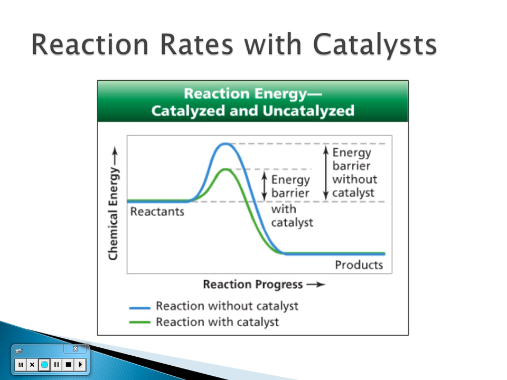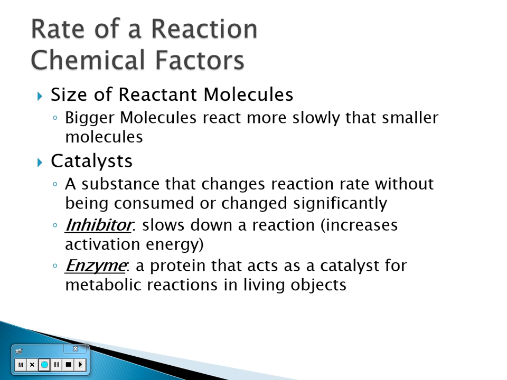The green is the one with the catalyst. It lowers the activation energy. But an inhibitor works the other way. It would make the hill bigger that you have to get over. Good there? And finally, we have what we call an enzyme.